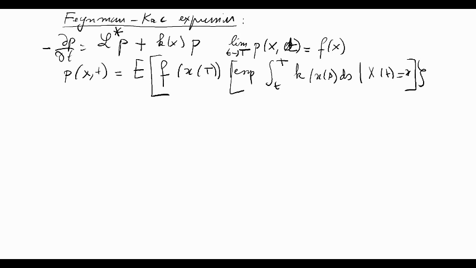So this is one expression for this Fokker-Planck equation, and I will refer to the previous class for the derivation. What is interesting here is that there is this stochastic expression for the solution of the probability density function, but this expression is not usually useful.